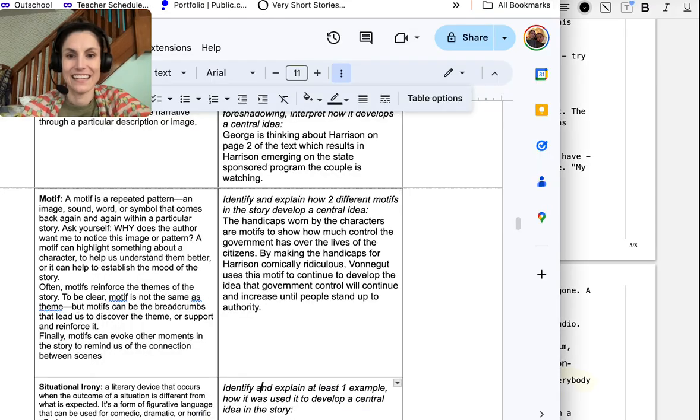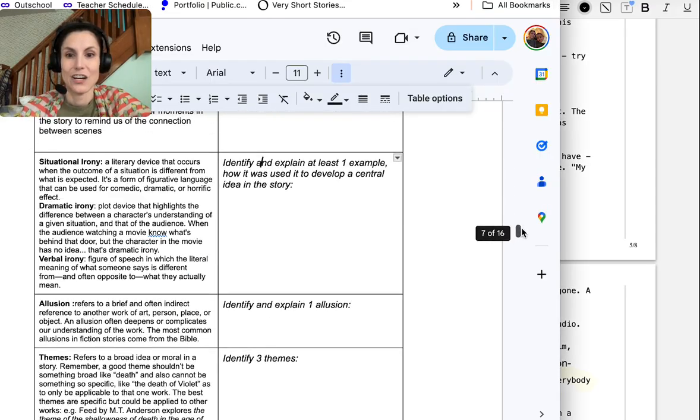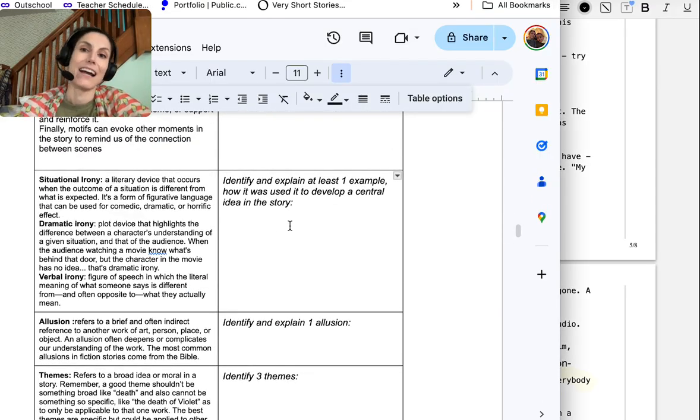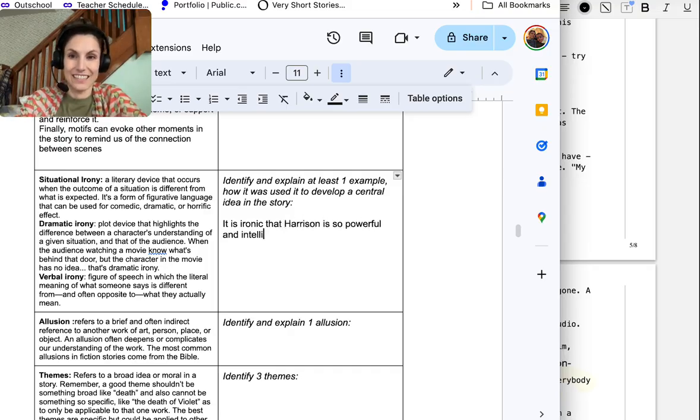All right. And then we can have here our irony. We could say Harrison's demise is ironic because he was so strong and powerful and he was calling everyone to action. But in the end, he is immediately taken out by the handicapper general. So you could say it is ironic that Harrison is so powerful and intelligent.